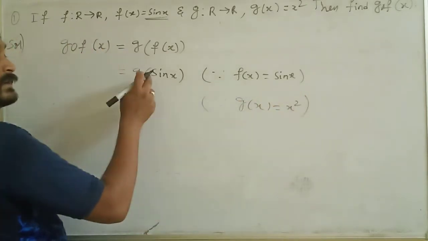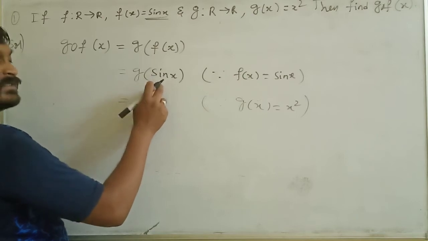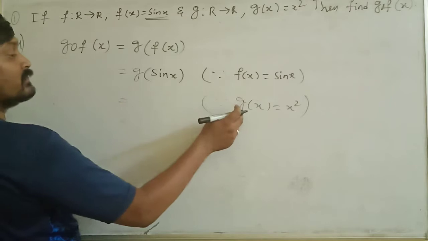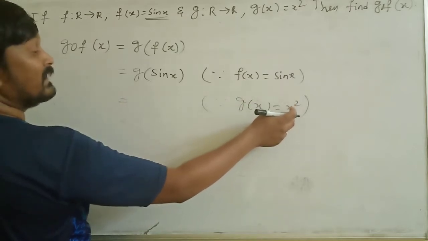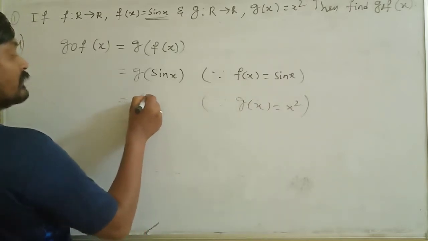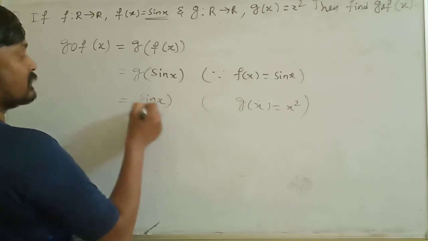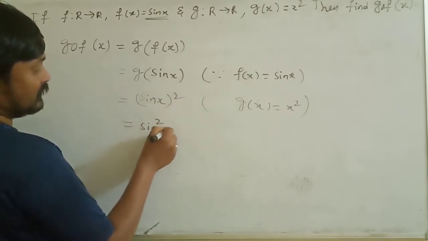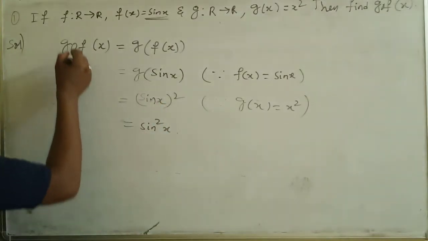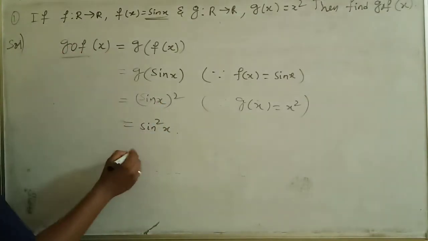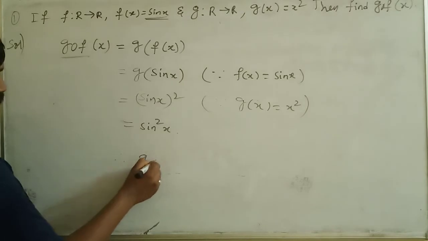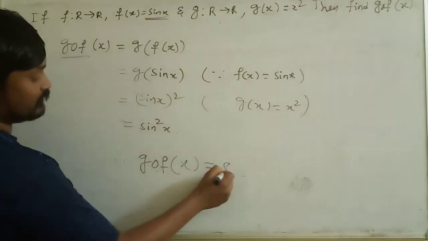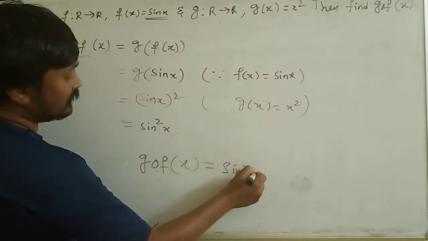Wherever x is there, in that place substitute sin x. So g of sin x is equal to sin x whole square, that is nothing but sin square x. Therefore g circle f of x is equal to sin square x.